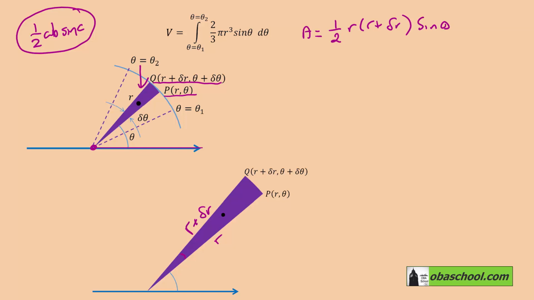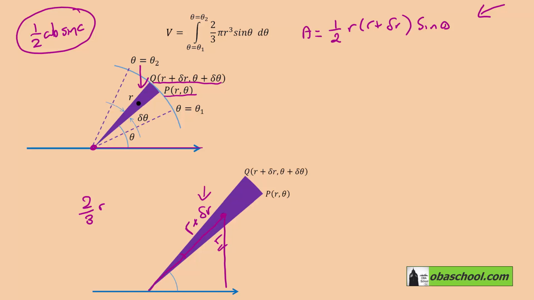Now, there is a theorem called the theorem of Pappus, which says that the volume swept out is equal to the area of the element, which we've got up here, multiplied by the distance moved by the centroid or centre of mass of this shape. Now, since this is a triangle, that is at 2/3 of the distance across the triangle, which we'll take to be r, since we're working with very small sections here, and therefore delta r eventually is going to be considered negligible, and that distance therefore is 2/3 r.